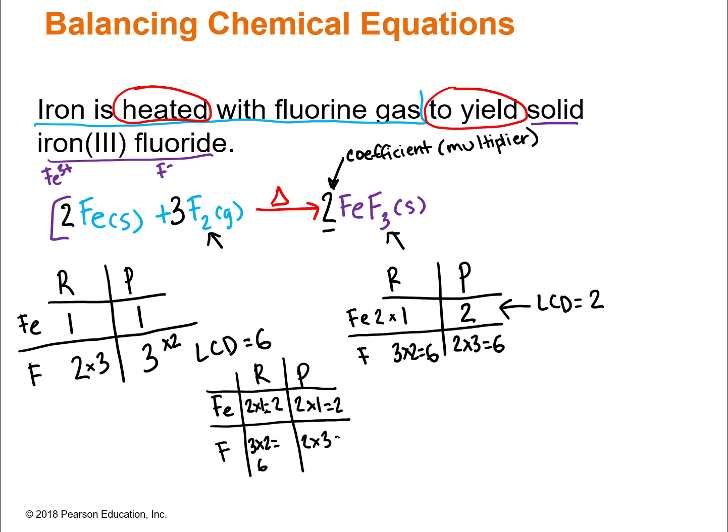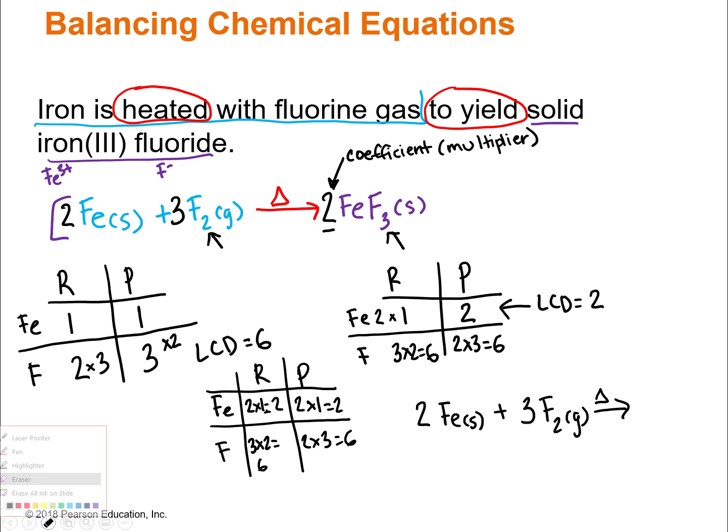And 2 times 3, which again gives us 6 for the fluorine atoms. So now we're balanced. The balanced equation, and I'm rewriting it just for clarity's sake. That is our balanced equation.